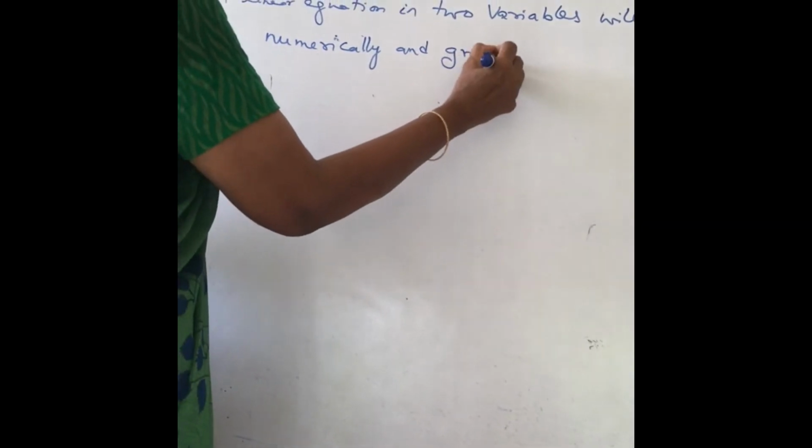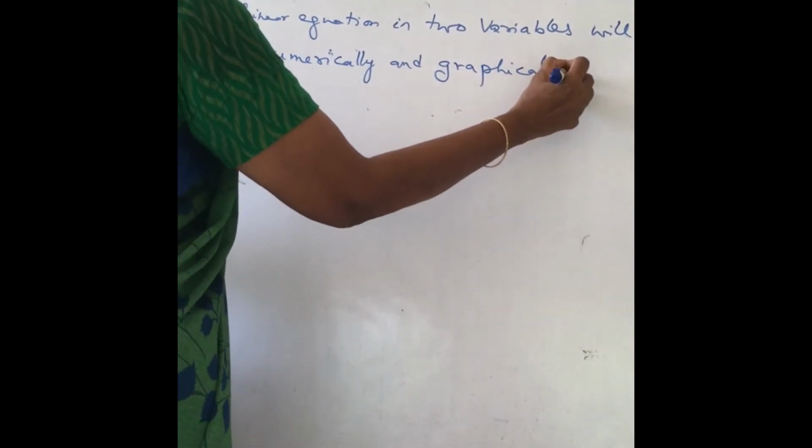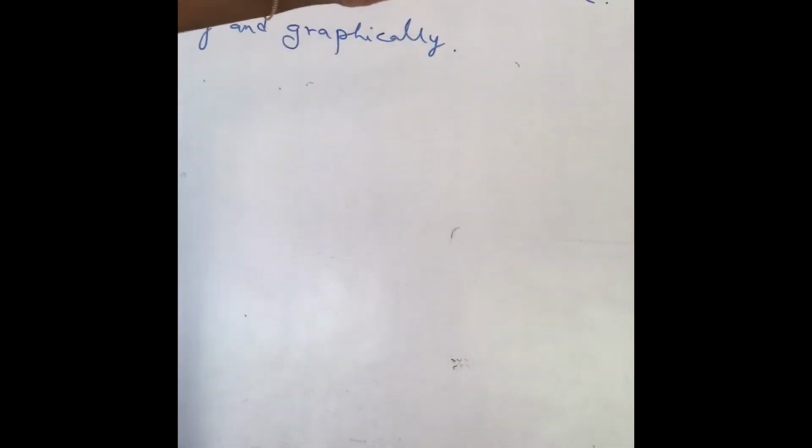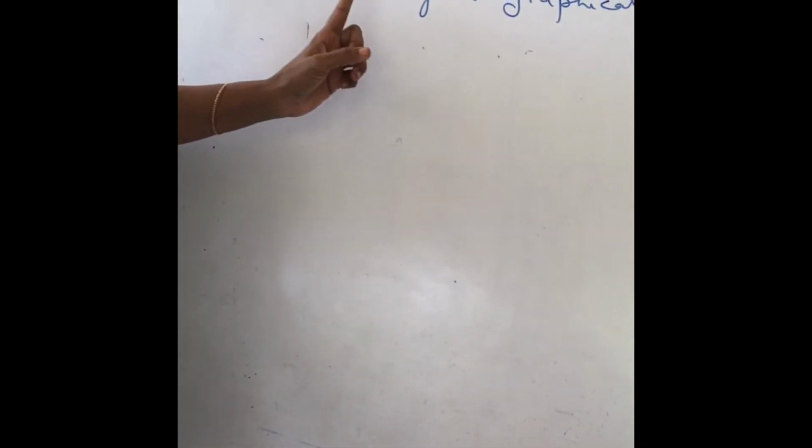Please keep the graph book with you, children. For this chapter, you require the graph book. A linear equation in two variables will have infinitely many solutions numerically and graphically.